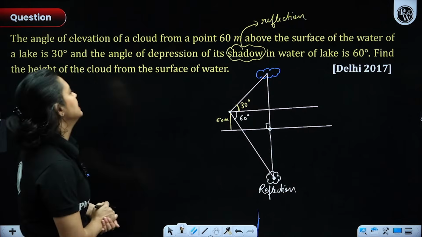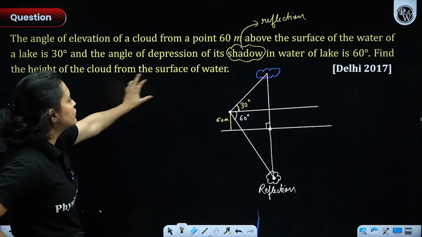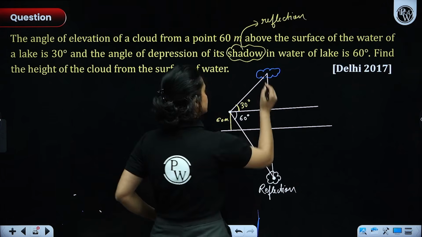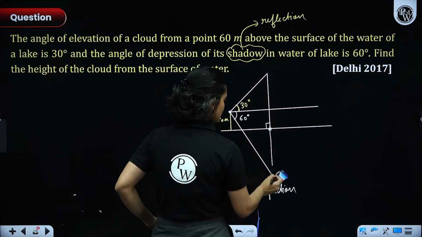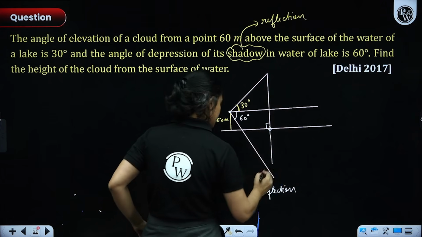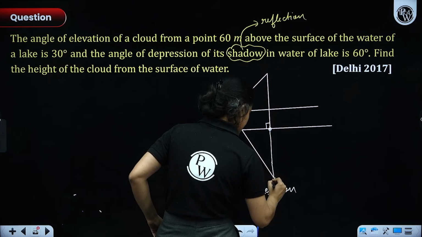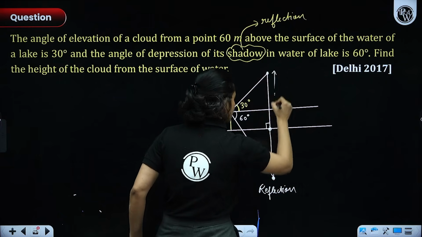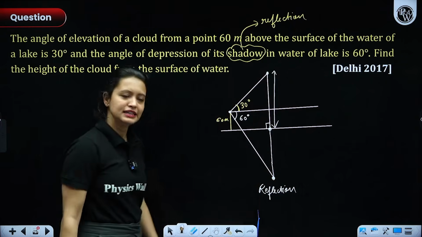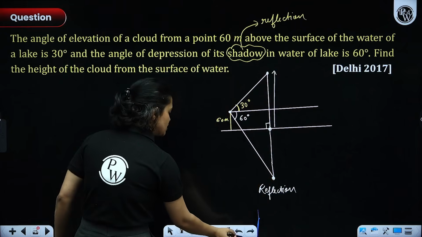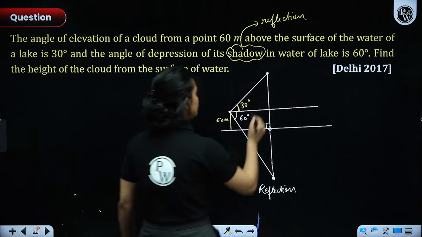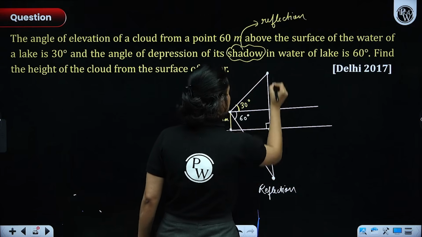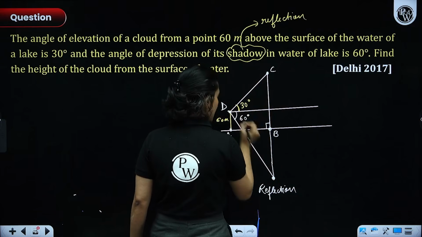Understood? Let's see. We have to find the height of the cloud from the surface of the water. So we have to figure out what? I will just erase this. This also. This is not very helpful for me. So I have to figure out this thing here. This is what I have to figure out. Okay? So first of all, let me just write all the names here. So let's just suppose this is A, this is B, this is C, this is D, and this is the reflection.